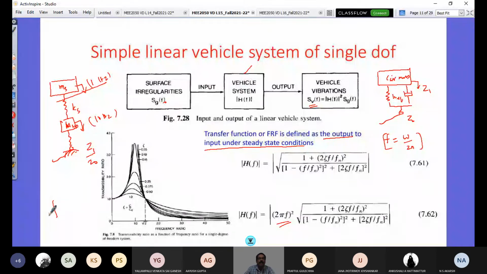So RMS acceleration would be simply the integral from 0.89 fc to 1.12 fc of SV of f into df, and take the square root of this all, that gives you this. So that's what easily can be applied.